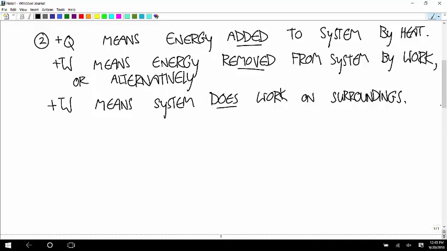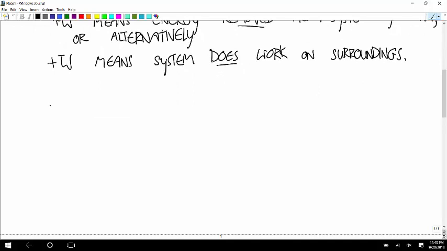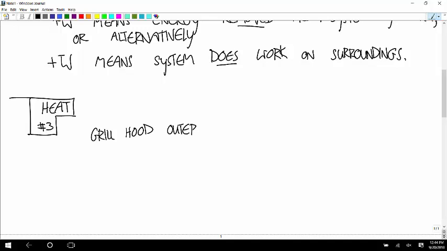Oh, okay. So this is from the heat set number 3. And it says the outer surface of a grill hood is 47 degrees Celsius.